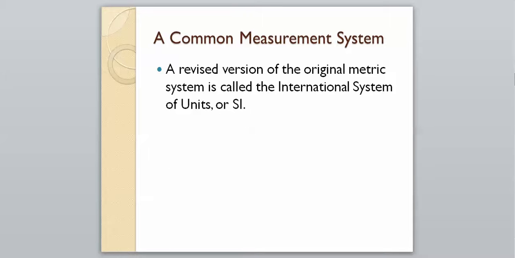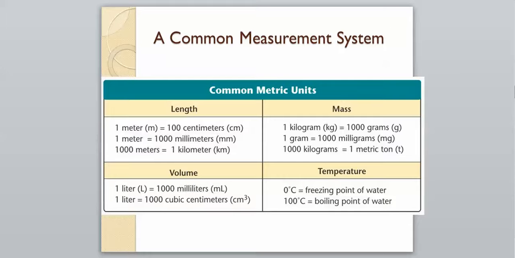So we'll go ahead and look at the chart here really quick. You've probably heard some of these terms before. The most common one would be length. So 1 meter equals 100 centimeters, and 1 meter also equals 1,000 millimeters, and 1,000 meters equals 1 kilometer.